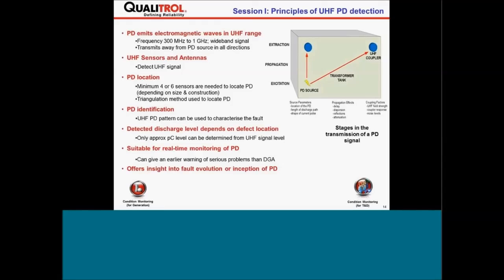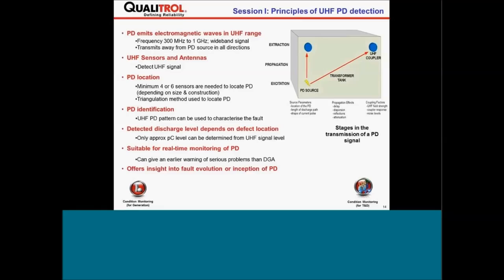The UHF band is from about 200 megahertz up to over 2 gig, and the range for a typical transformer tank would be between about 300 and 1 gigahertz. So hence the use of why it's called the UHF technique, because we're working in the UHF band. The signal we have is a very wideband signal, and we can pick up parts of that frequency range and still detect the PD signal.